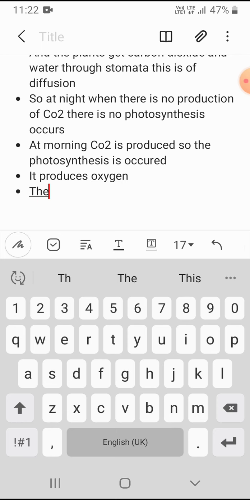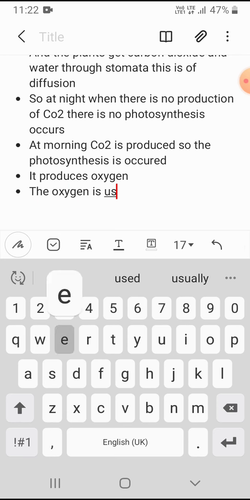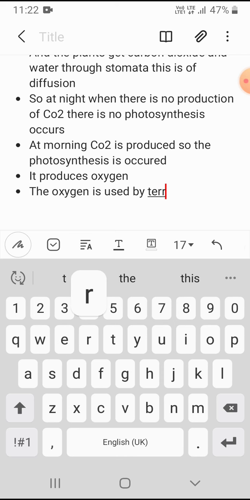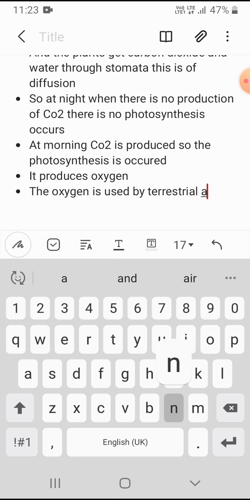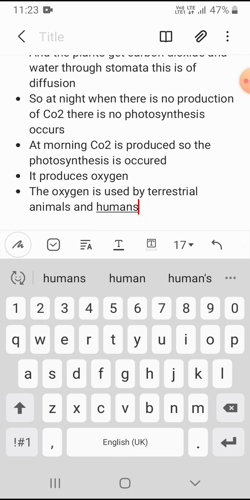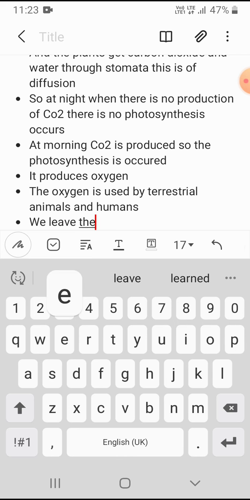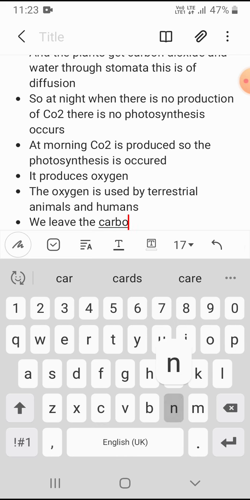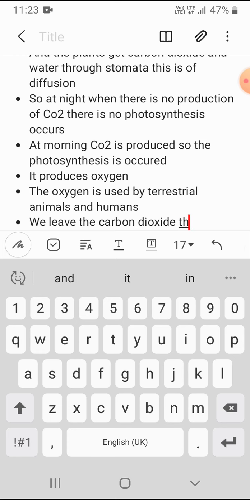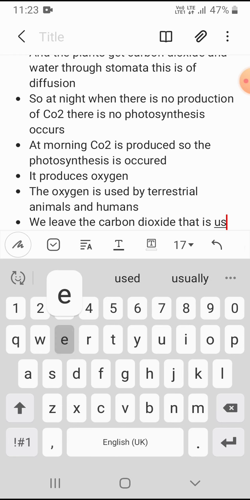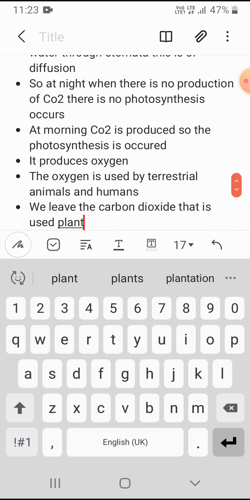The oxygen is used by terrestrial animals, like animals and humans. We use it and we release carbon dioxide, which is used by plants.